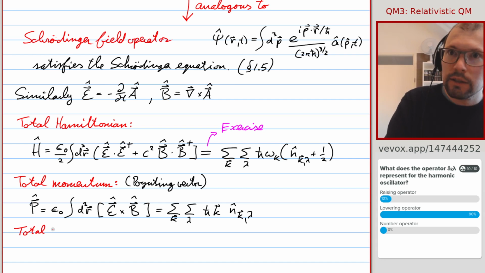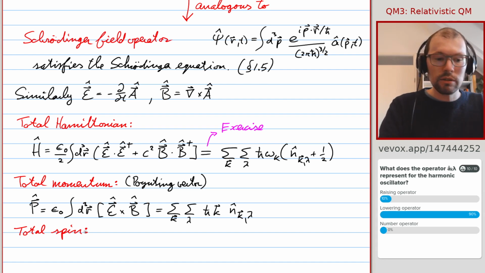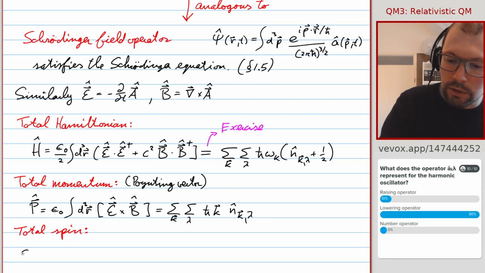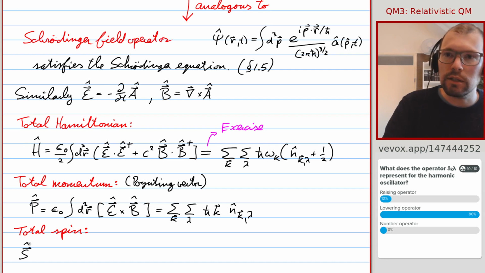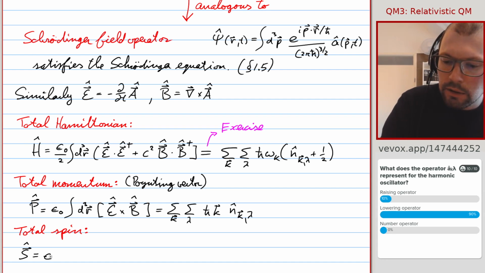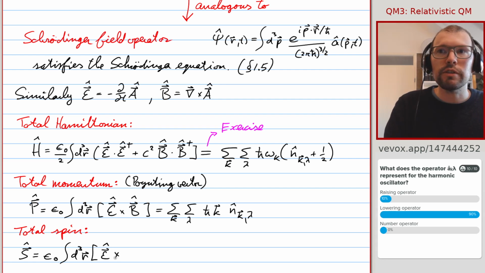And finally, we can also look at the total spin in the electromagnetic field, or if you like, the intrinsic angular momentum contained in there, which is similarly given by now the cross product of the electric field.